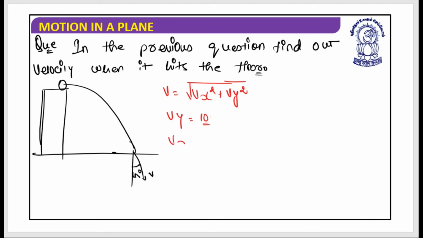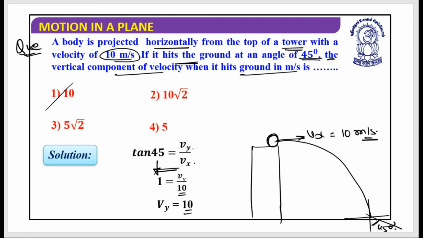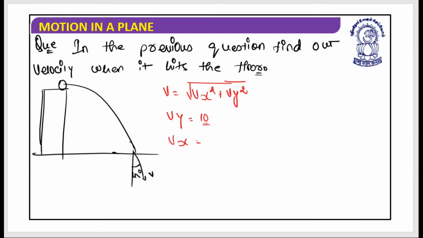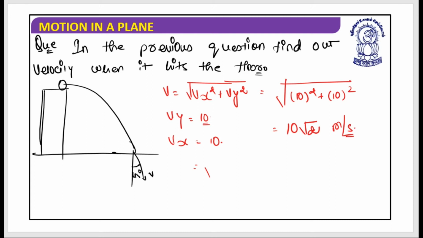What is Vx? It is 10. So V is equal to under root of 10 square plus 10 square, which is 10 root 2 meter per second.